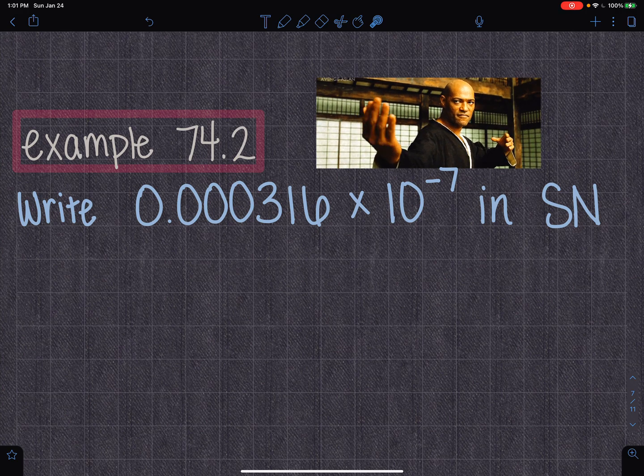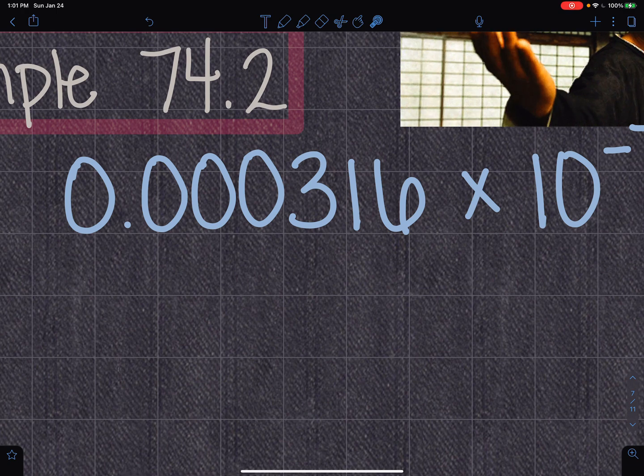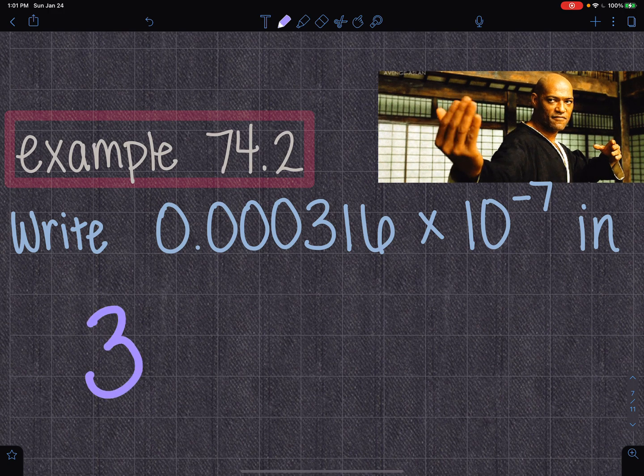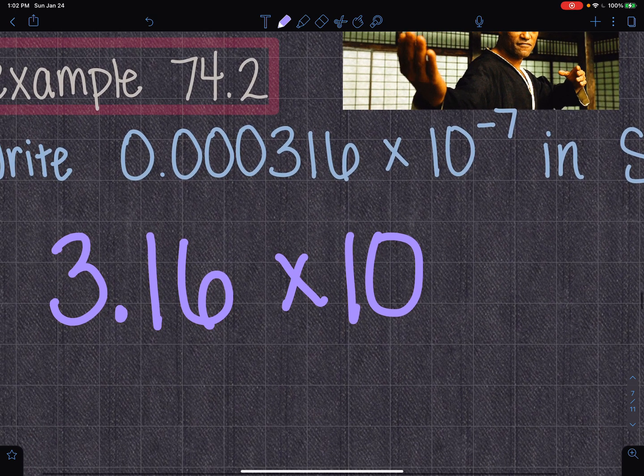The first thing is I'm going to zoom in on this number. Okay. And then I'm going to rewrite the whole thing so that the decimal is here. Okay, so I'm going to write 3.16 times 10 to the something. All right, now, let's say I'm just going to ignore this part for now.